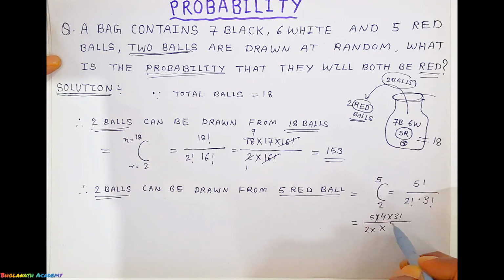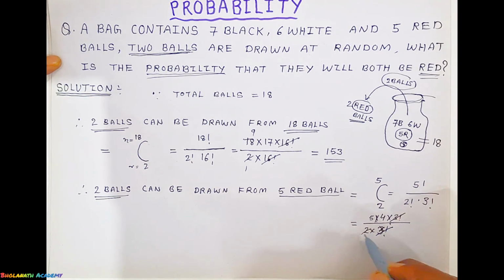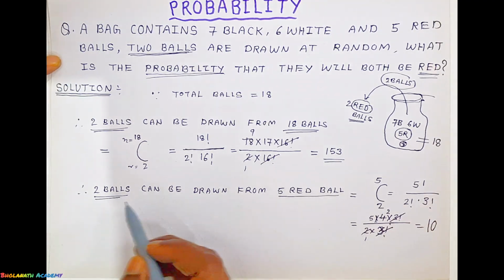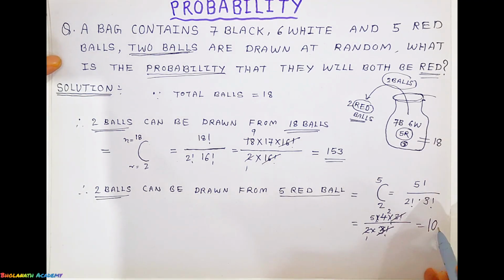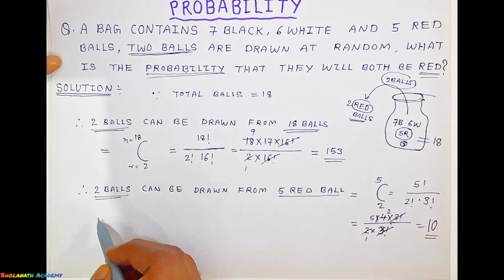In the denominator you have 3 factorial, so 3 factorial will cancel. Then 2 ones are 2, 2 twos are 4, 5 twos are 10. So 2 balls from 5 red balls can be drawn in 10 ways.